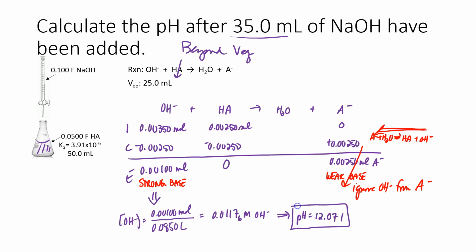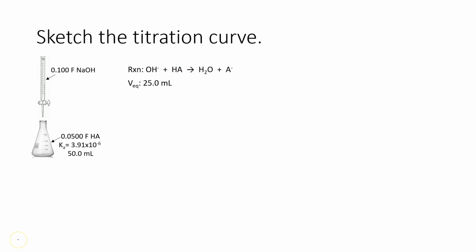Again, the pH keeps on going up. And the last thing we're going to do is sketch the titration curve. A titration curve is a plot of pH as a function of titrant added. And I should have labeled this as the titrant. So this will be milliliters of OH.